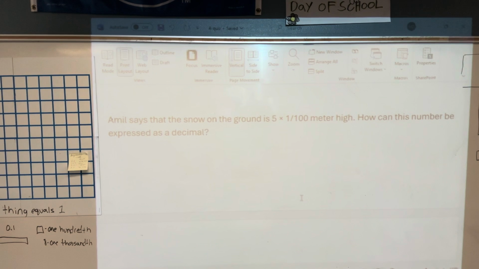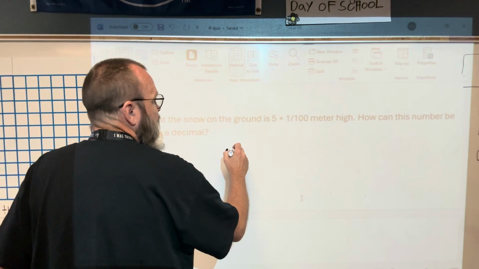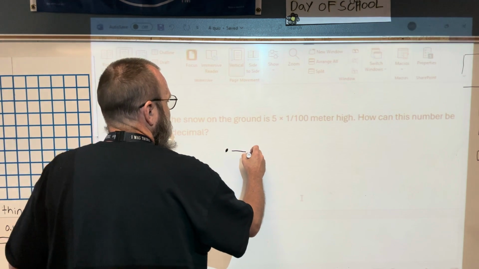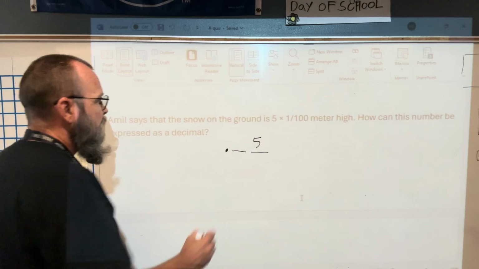Emil says that the snow on the ground is 5 times 1/100 meters high. How can this number be expressed as a decimal? Well, 5 is going to be in the hundredths place. So I know the 5 is going to be here. But I can't just leave the tenths place empty.